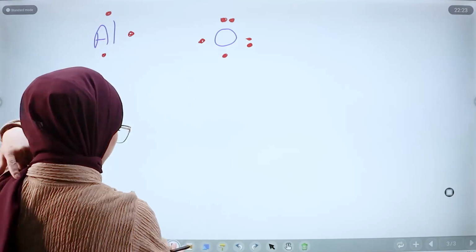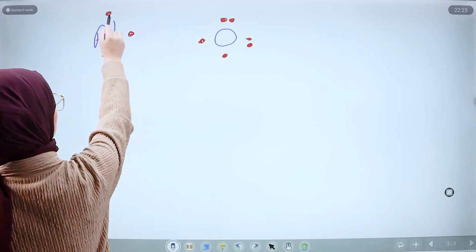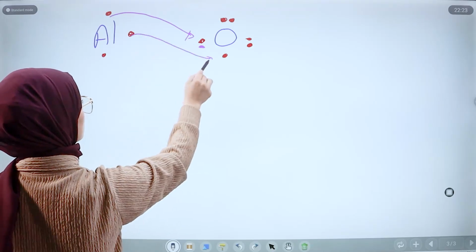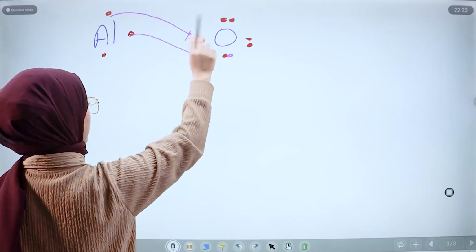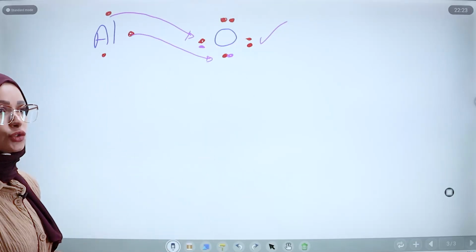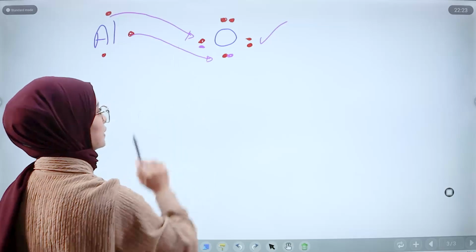Now this aluminum tends to lose 3 electrons. The first electron will move to this oxygen, and the second electron will move to this oxygen. Now this oxygen is octet and stable because it has 8 electrons in the last orbital. Count 1, 2, 3, 4, 5, 6, 7, and 8.